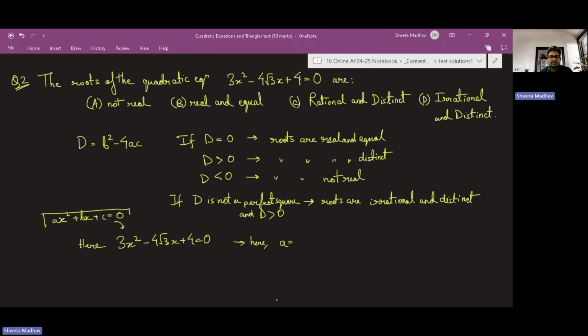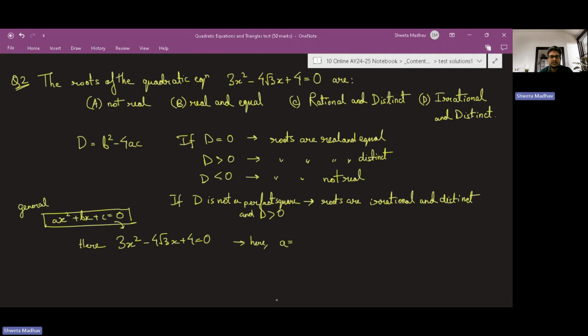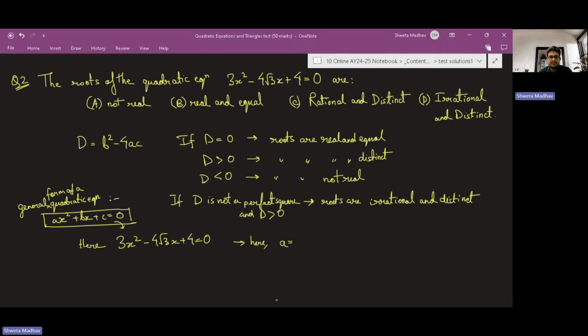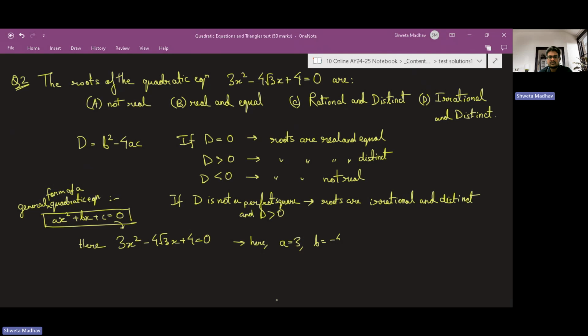This is the general form of a quadratic equation. So if we compare it with this, then we get a that is 3, and b is minus 4 root 3, and c is 4.